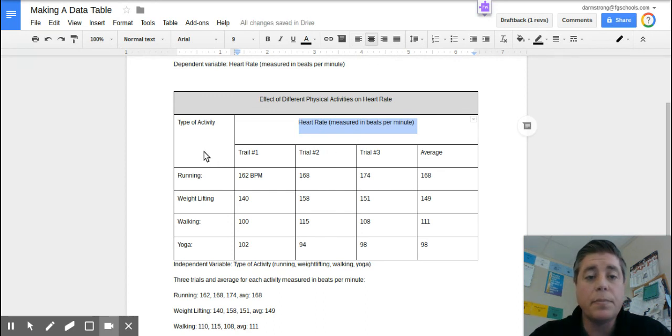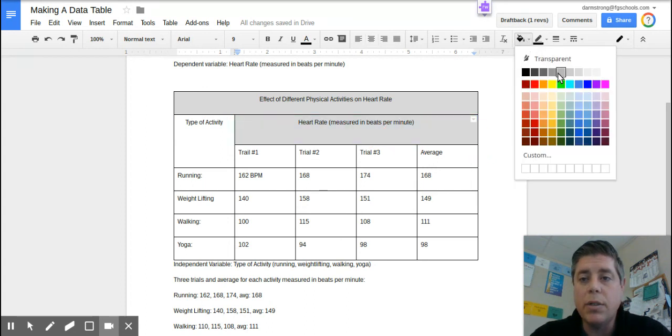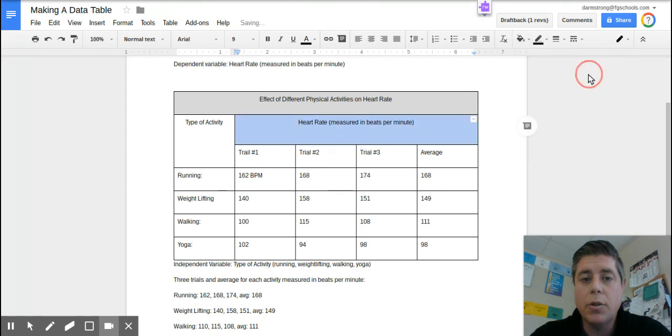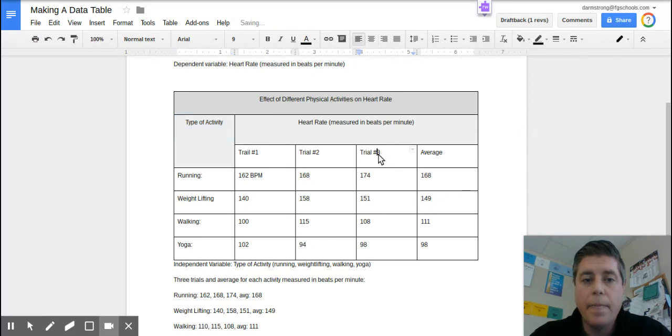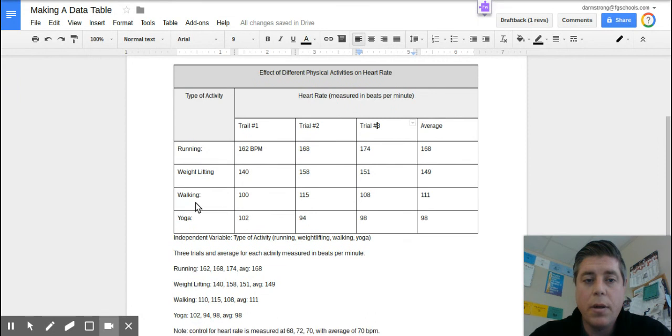I'm also going to put this guy in the center as well. Okay, let me give this guy a little background here. I'm just going to go with a lighter gray here. All right.